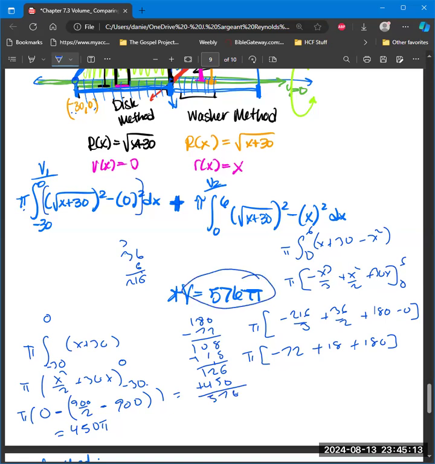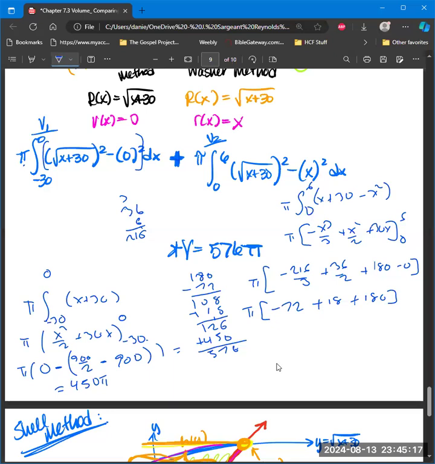That's where we get 576 pi from. So 450 pi plus 126 pi is 576 pi, and these are cubic units.